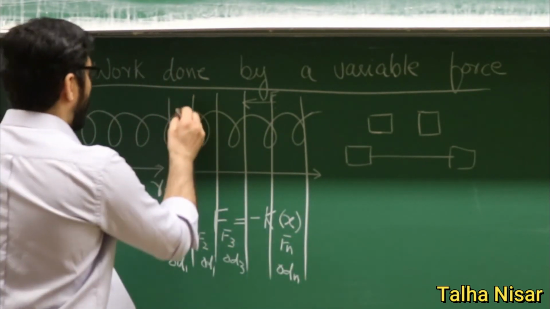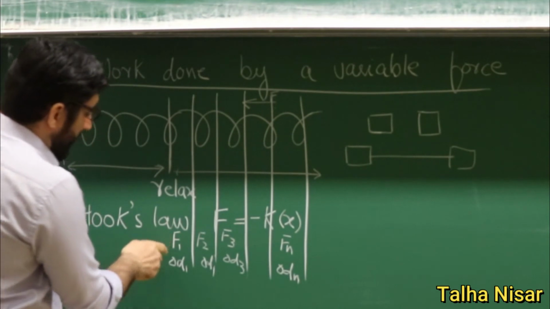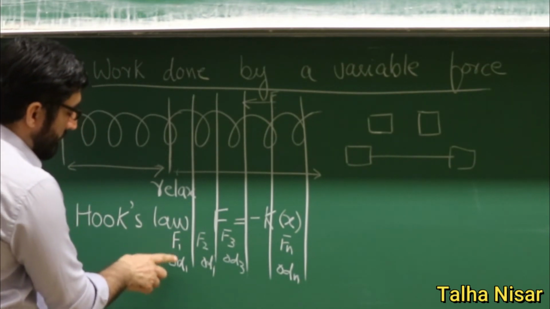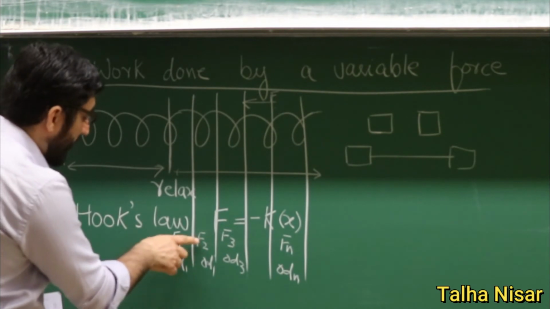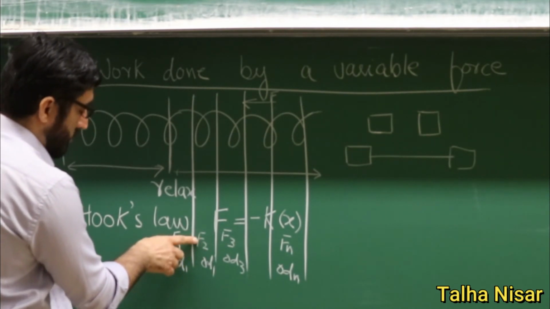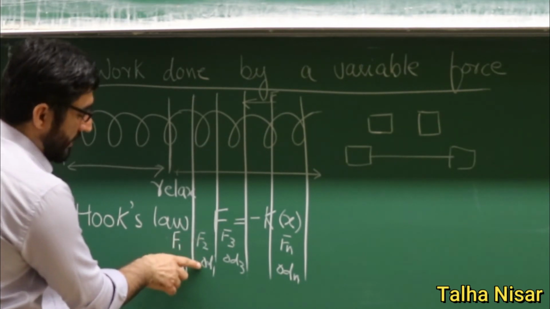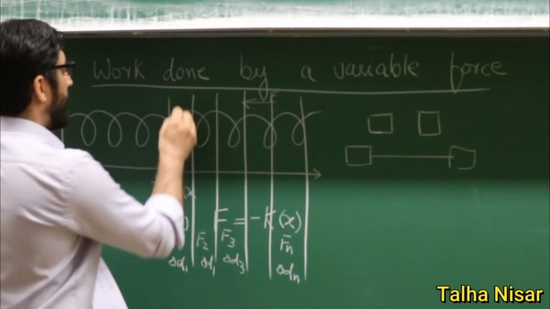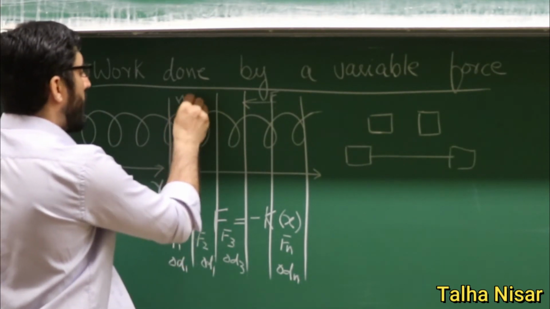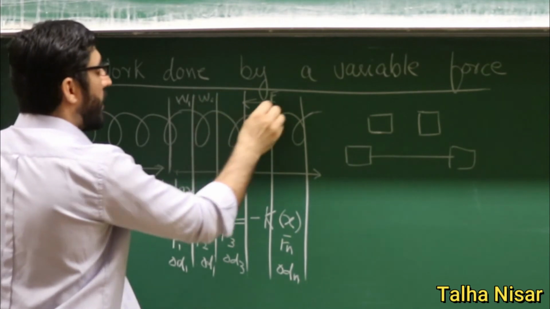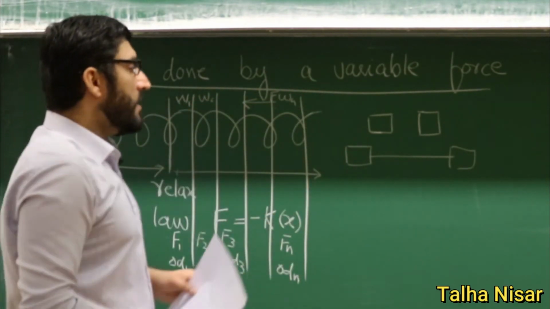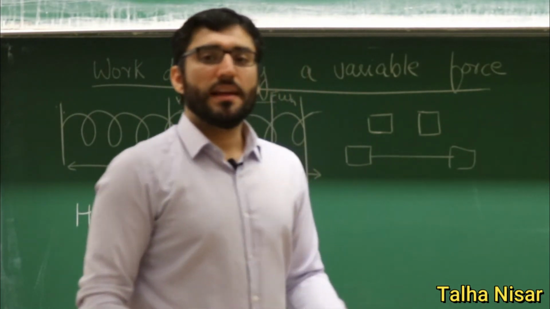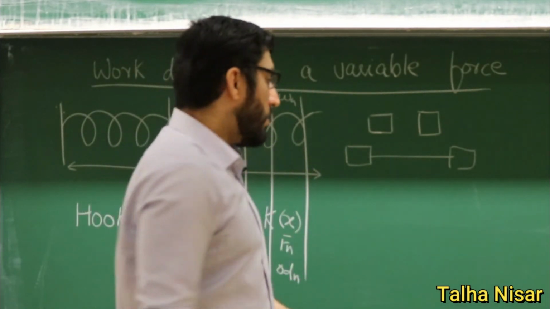This will be, for example, the product of F1 multiplied by this small displacement, which is work done 1, and then the product of F2 multiplied by this part, work done 2, and then we will have work done n. So we add all of them, and this way we get the final total work done.